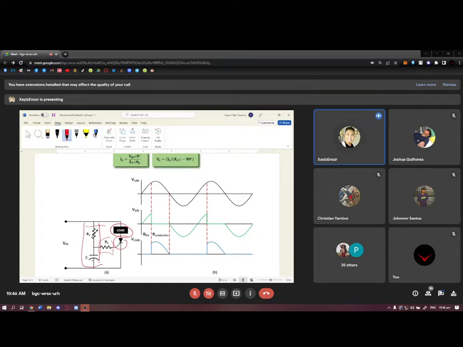Ito yung AC voltage mo na dumadaloy sa circuit natin. Once na ma-turn on mo si SCR, yung green na waveform, yan yung magiging waveform niya pag nilagay mo sa oscilloscope.